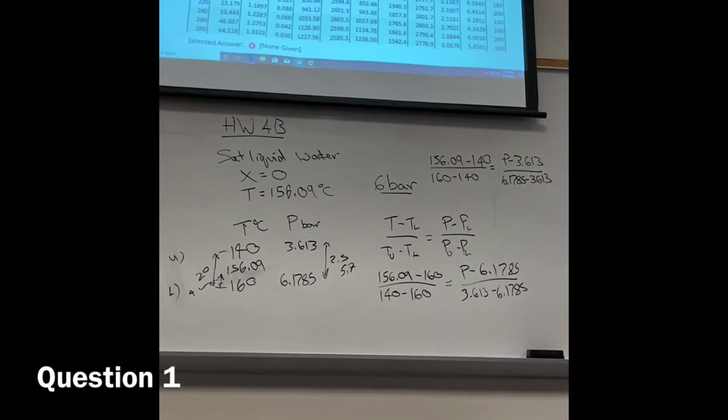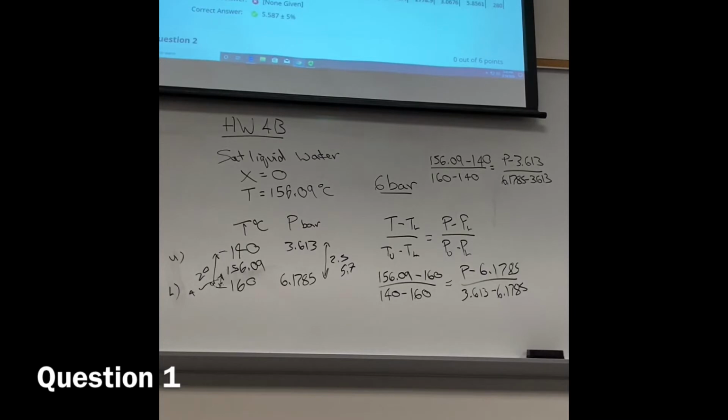And I'm guessing I will get 5.587. We'll do another example, and I'll do it the other way, where I get positive values and positive values. What's easier?